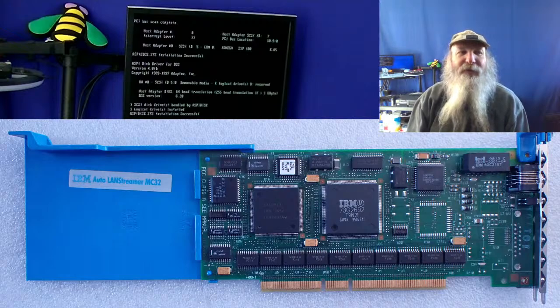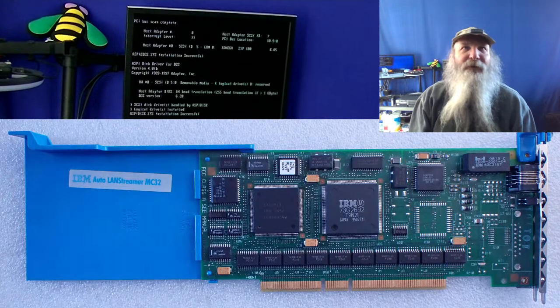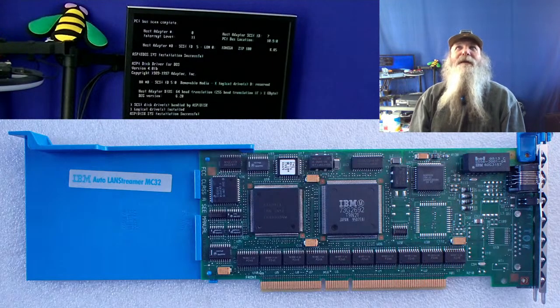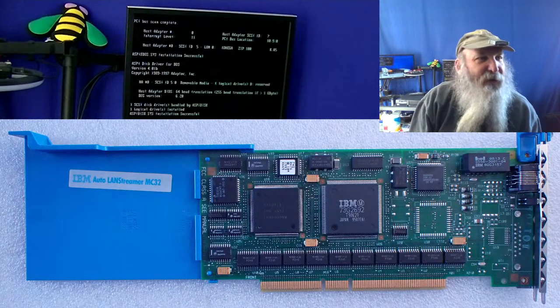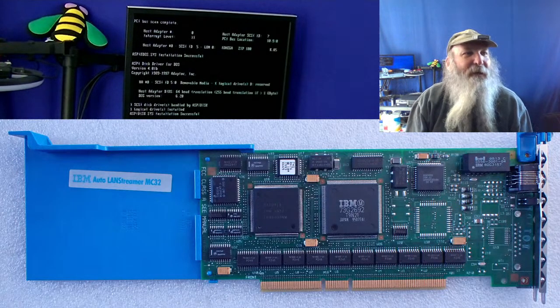I'll see if anybody can respond in the chat window with what they think those solder pad areas do on this token ring adapter, what that area might be.